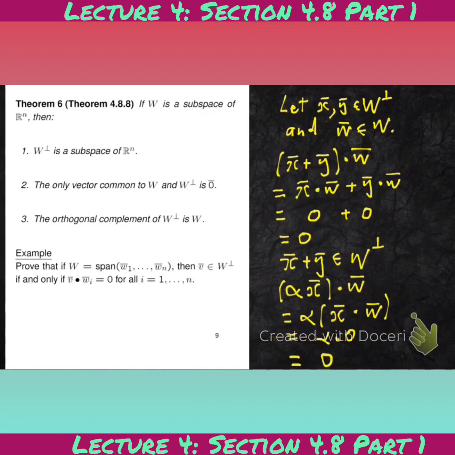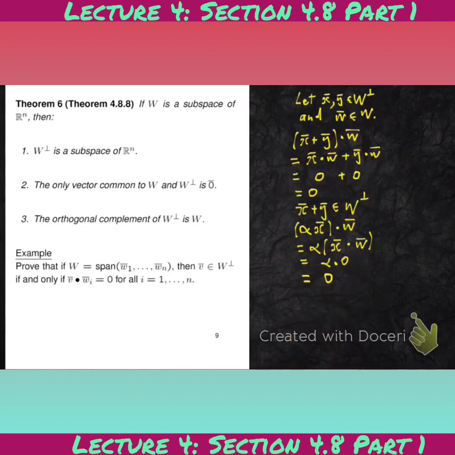Therefore, we get 0. So the scalar multiple of any vector in the orthogonal complement of W is also going to be in the orthogonal complement. All right, so alpha x bar is definitely going to be in the orthogonal complement of W.